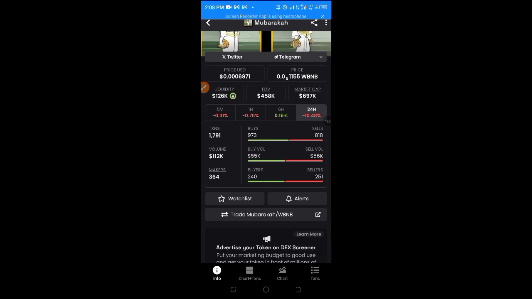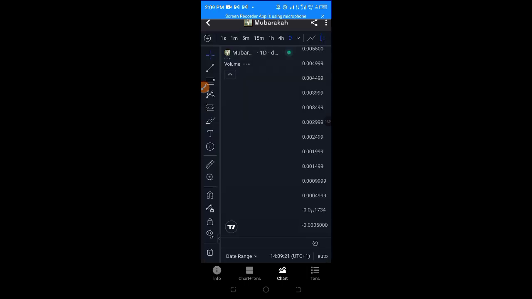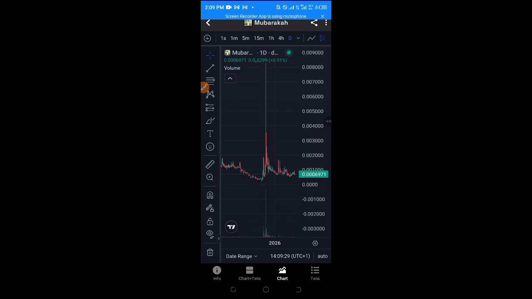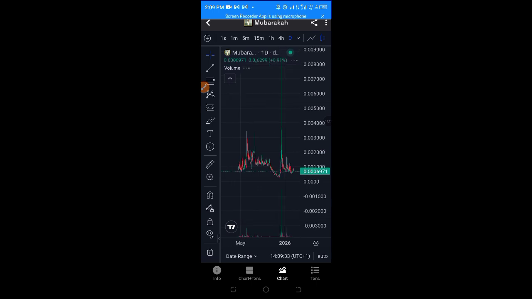The makers are 364, and the liquidity to market cap ratio is balanced. The last thing I want us to check is the chart behavior. Because of the current festive season, this might be a token you can even buy. I just presume, because of the Muslim fasting season and the likes.